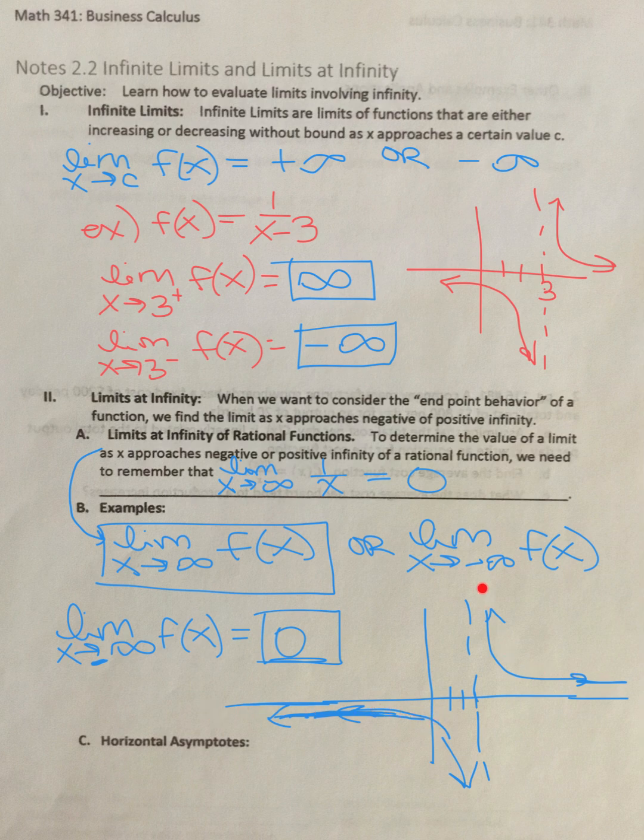If we have a curve that levels off like this, we say there is a horizontal asymptote. And in this particular instance, the horizontal asymptote is at y equals 0. So for this example, we would say it has a horizontal asymptote of y equals 0.